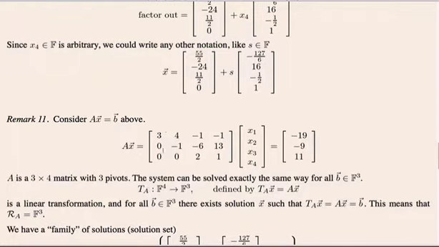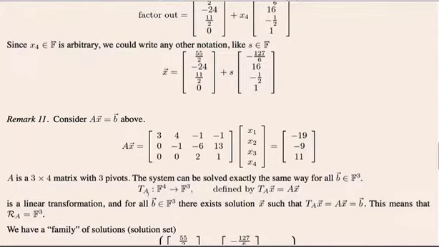That means if you consider this multiplication with Ax as a transformation from the F4 vectors into the F3 vectors, so the linear transformation T_A(x) is just the matrix multiplication of A with x, matrix vector multiplication. This is a linear transformation, and what we have is that for any b vector we have a solution x using the same way of solving it.